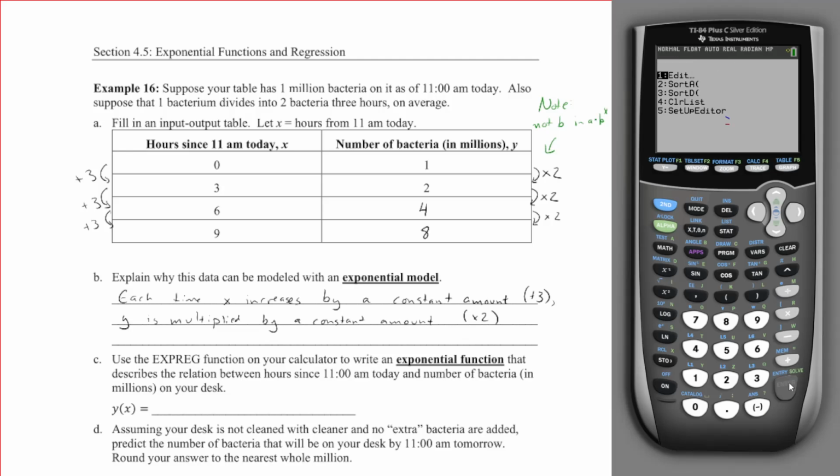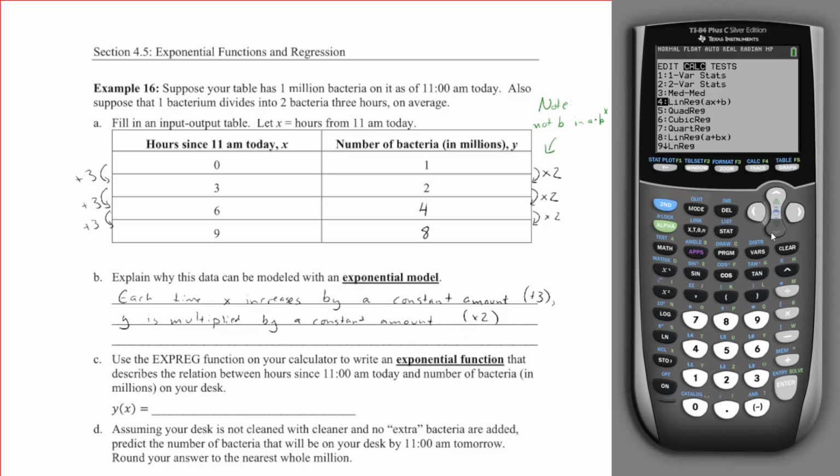So we'll clear out our lists. We'll also clear our equations from the last problem. We'll leave that stat plot turned on because we'll want to look at this scatter plot. So our x values are 0, 3, 6, 9. Our y values are 1, 2, 4, 8.